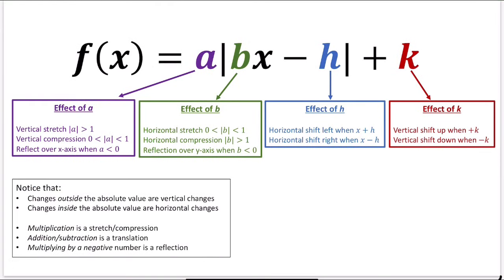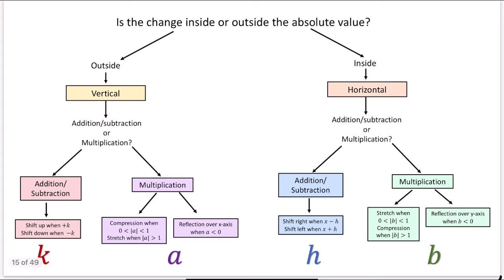So now I have all of these charts posted in our study guide. So you can use whichever form of the study guide makes sense to you. Some people prefer this chart that has all of the different A, B, H, and K and all the effects listed out. Some people like this flow chart, and I'll show you how to use this flow chart as we work through an example.